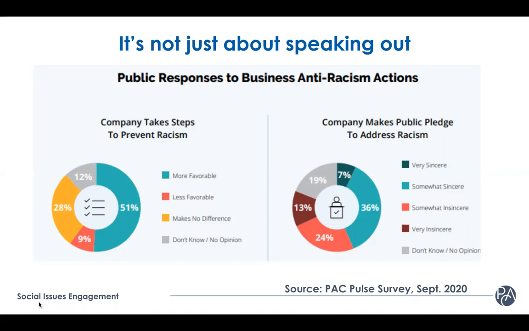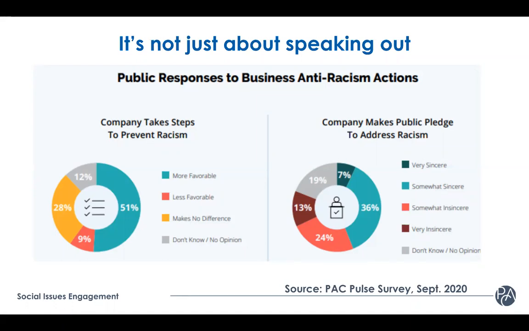So it's not just about whether my company made a pledge to address racism, which on the right side is not necessarily seen by all consumers as very sincere. It's actually about whether my company took steps to prevent racism. If that is the question, you have much higher levels of favorability, right?